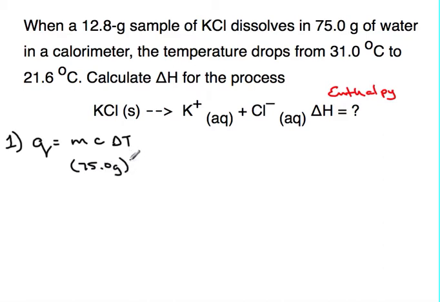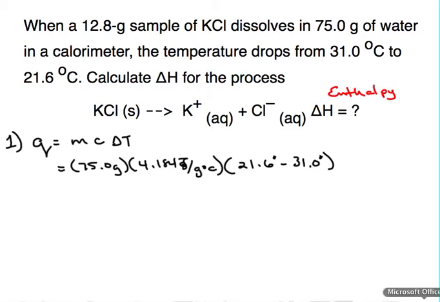C is the specific heat of water, which is 4.184 joules per gram Celsius. The change in temperature would be the final, which is 21.6 degrees, subtract the initial, which is 31.0 degrees Celsius. All I'm going to do is multiply all this together.